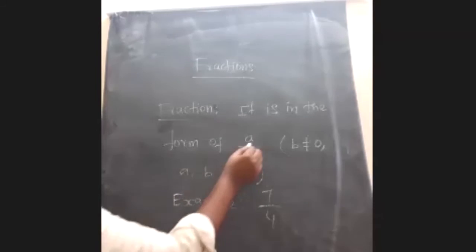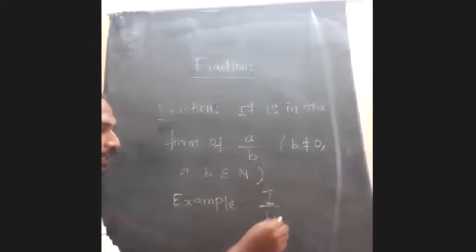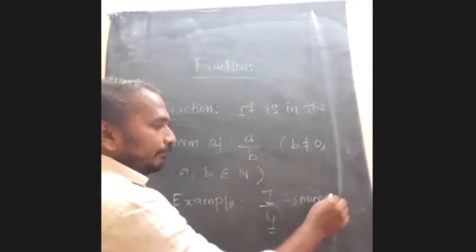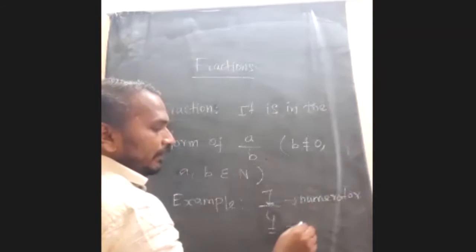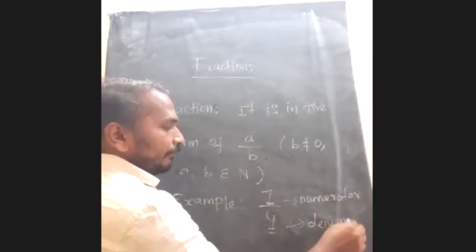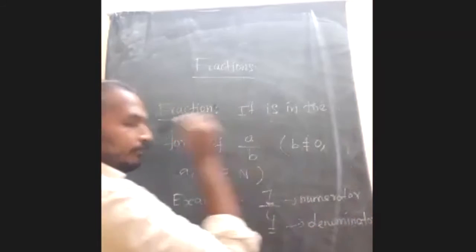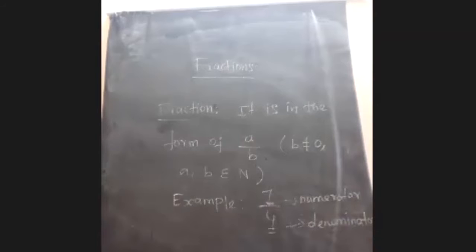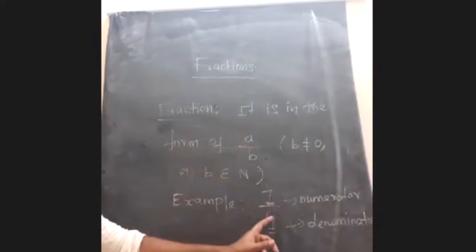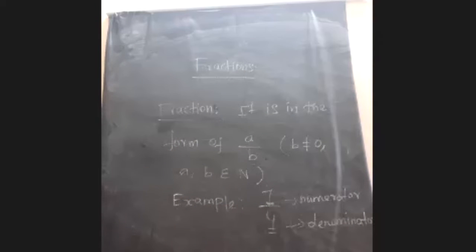Because we have a numerator and we have a denominator, and our denominator is not equal to 0, and 7 and 4 are natural numbers. Okay, so we can say 7 by 4 is a fraction. Hope you understood the meaning of fractions.